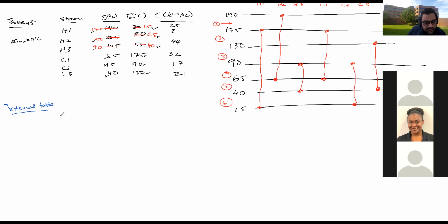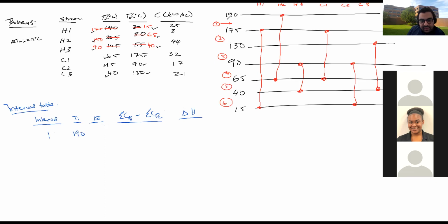So I have my interval number, my initial temperature, my delta T, the summation of Cp hot minus summation of Cp cooled, and my enthalpy across each interval. So for interval 1, my initial temperature is 190.